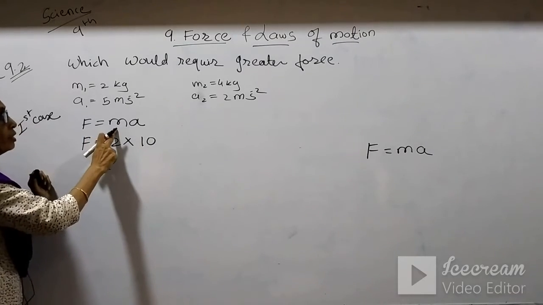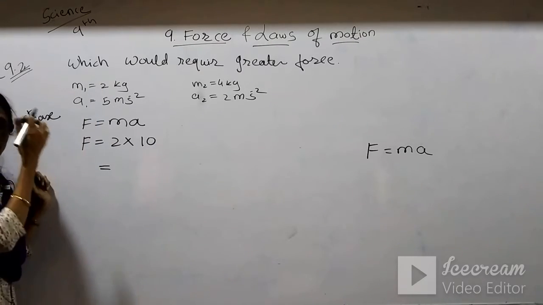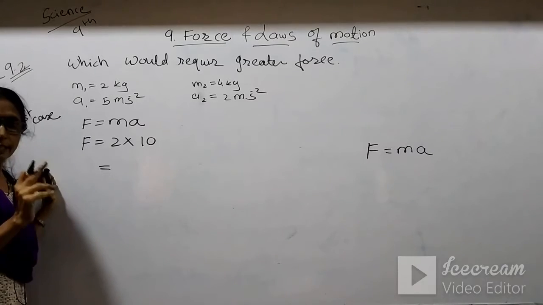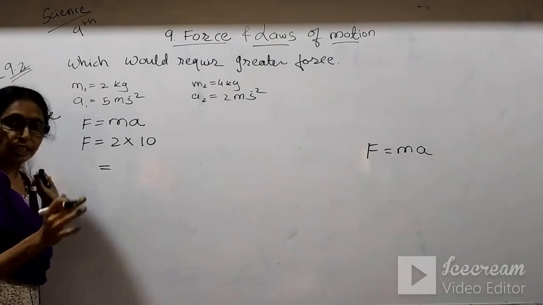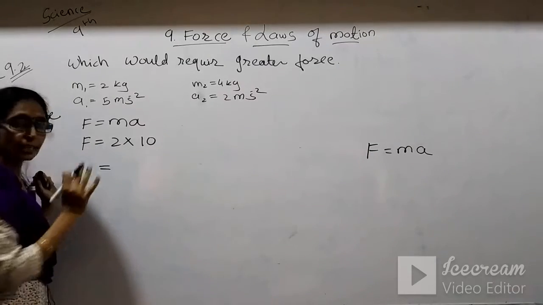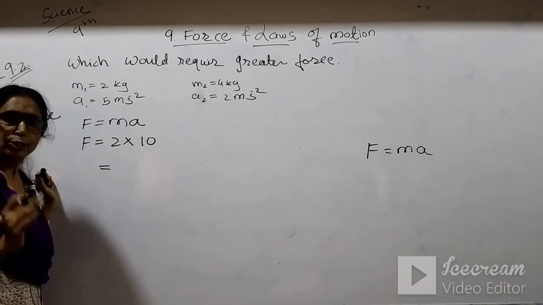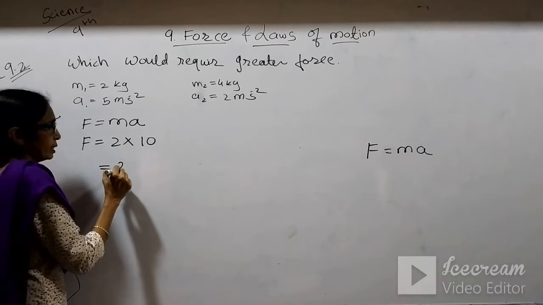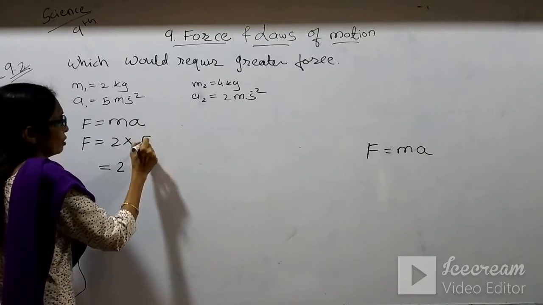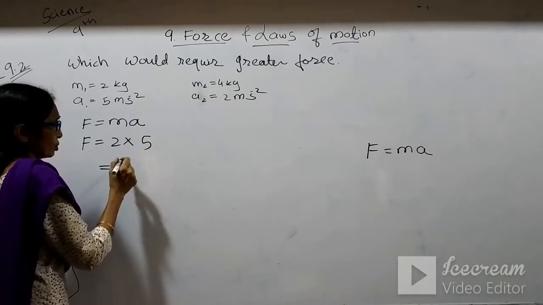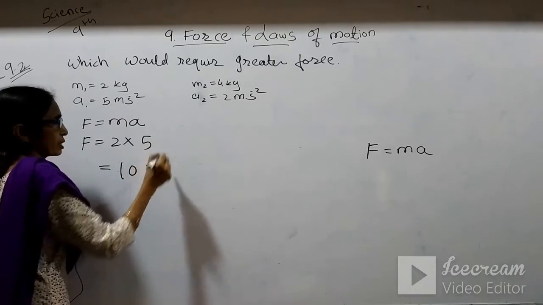Here the unit of mass is kg and acceleration is meter second raised to minus 2. So these are the units which are required for the force. So units are related to each other. So our answer will be 5, 2 fives are 10 Newton in the first case.